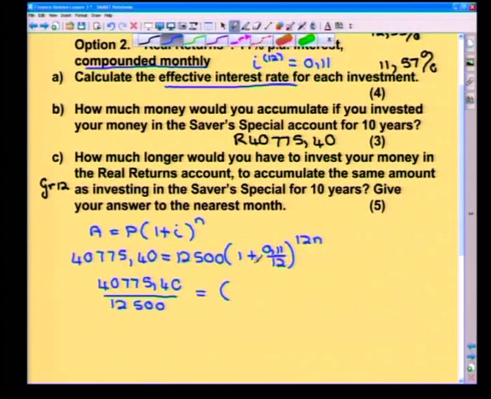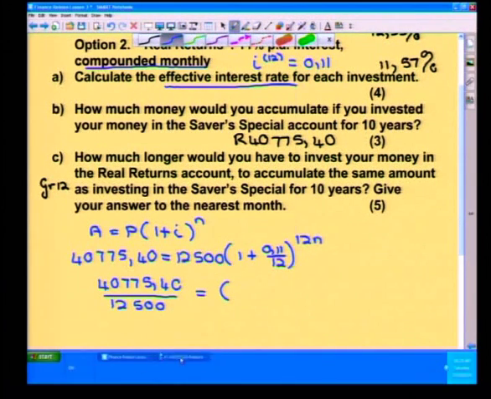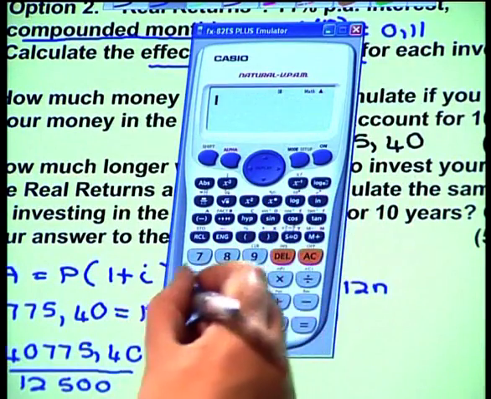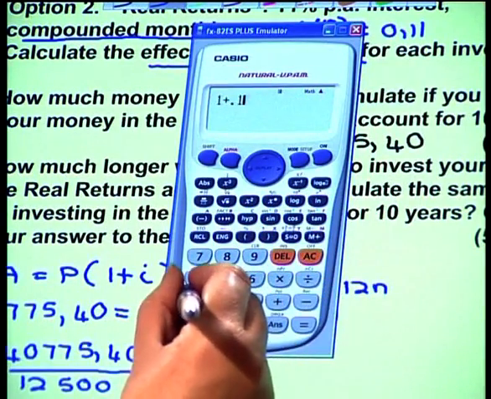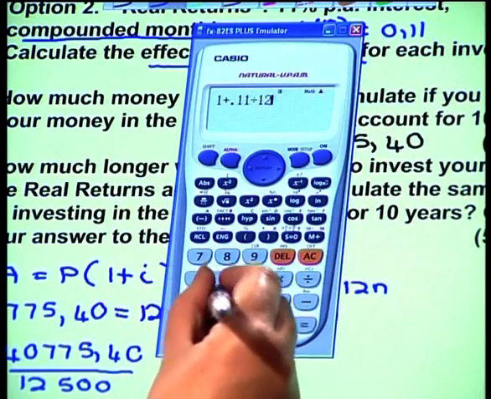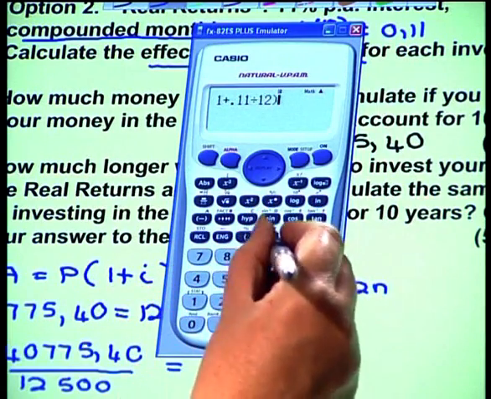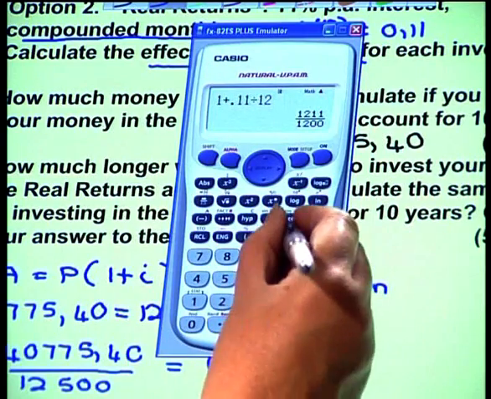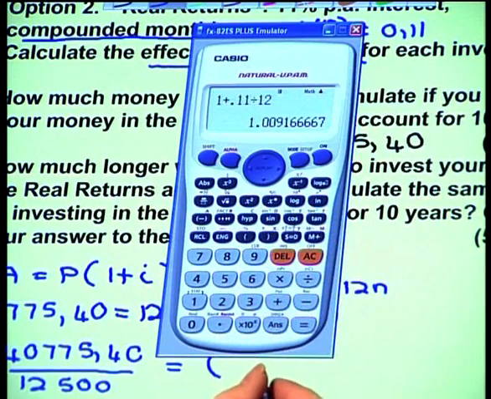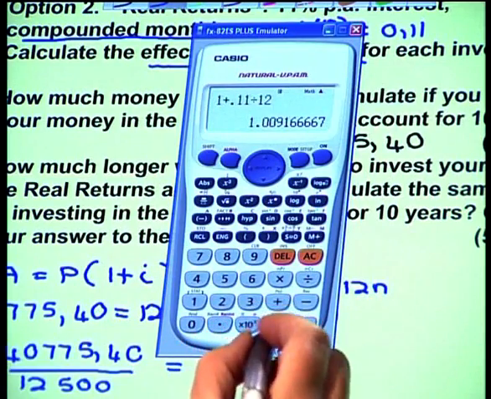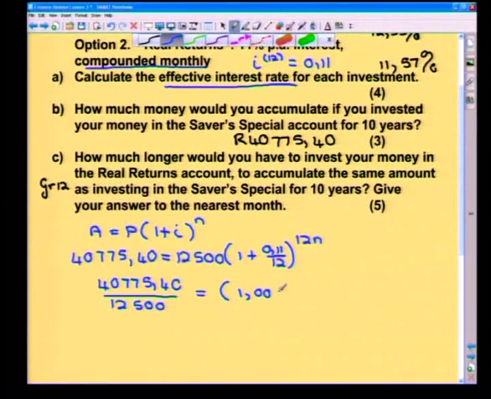Now, if we do just that part on the calculator, 1 plus 0.11 divided by 12, we're going to get that answer, which as a decimal is 1.00916667. But just for the purposes of this, I'm going to go 1.009 to the power 12n.